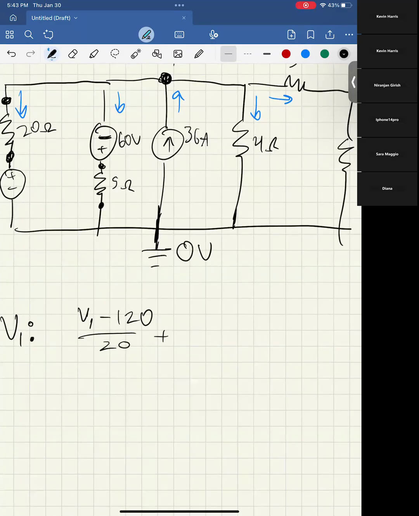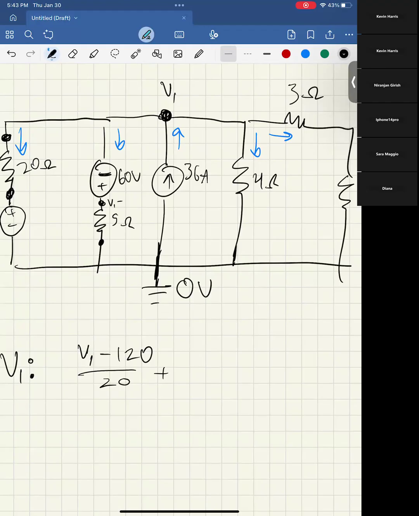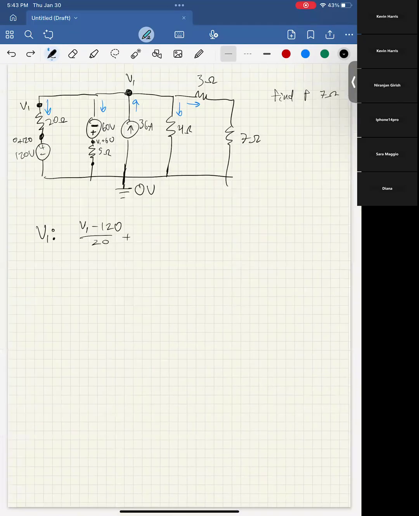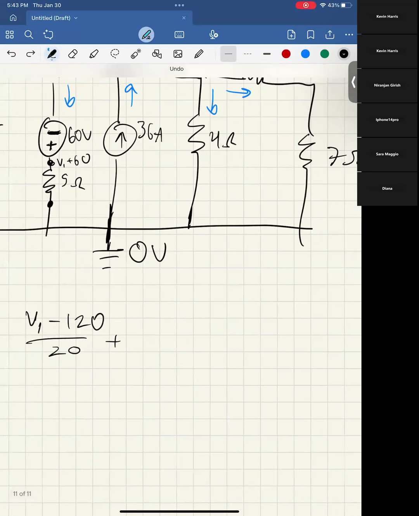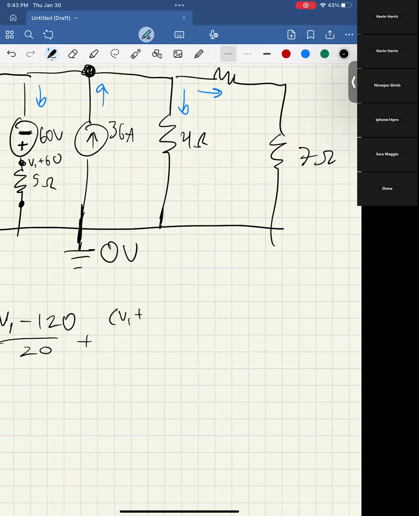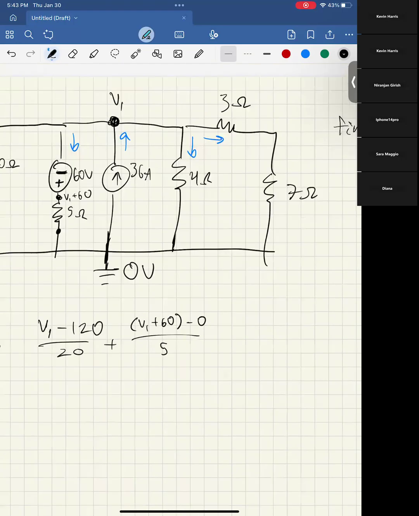And then at this point, it's V1 plus 60 because the direction of this voltage source has the minus on top and the plus on the bottom. So from here to here, it'll be plus 60. So for this resistor in particular, if we're saying that the current's going down, it'll be V1 plus 60 minus 0 over 5.